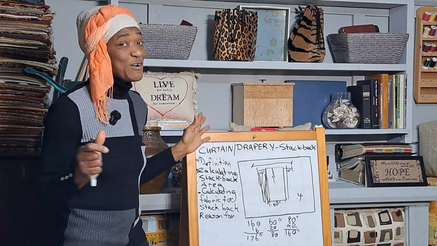It's also a good look when you stack your curtains back and they have those lovely folds, framing the window. You could also want to stack your curtains back because you have a view that you want to see during the daytime. So there are various reasons why you would want to stack your curtains back. So you stack them back and you pull them forward.